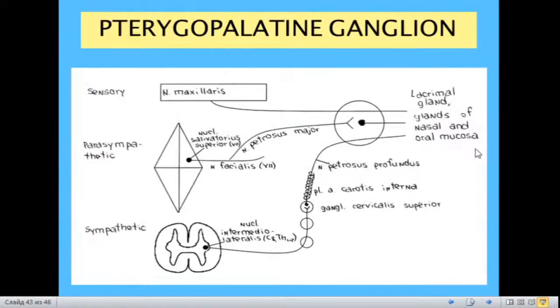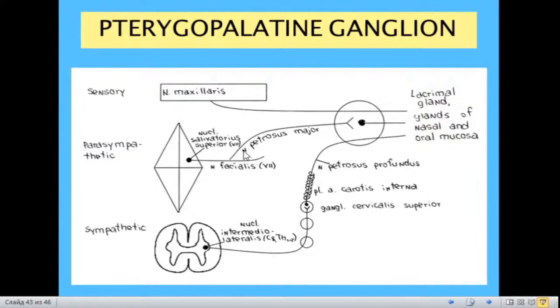Next ganglion, ganglion pterygopalatinum, located in the pterygopalatine fossa. As you can see, this picture resembles the previous one because this ganglion also receives three types of fibers. First one, sensory. It gets branches from nervus maxillaris.